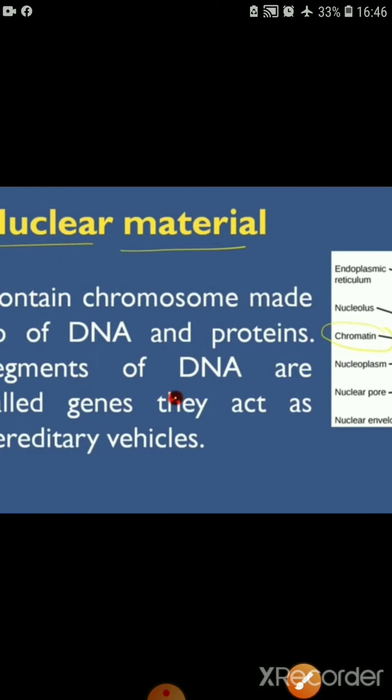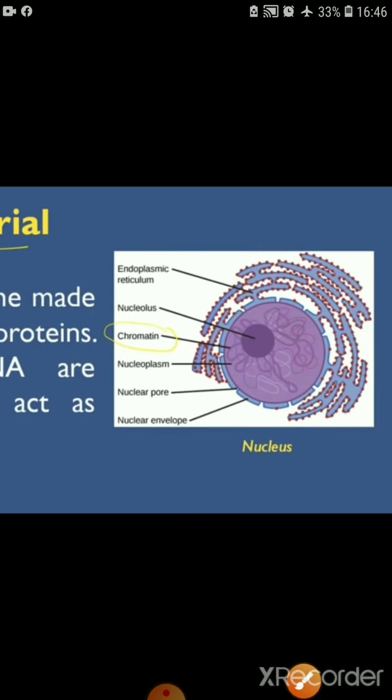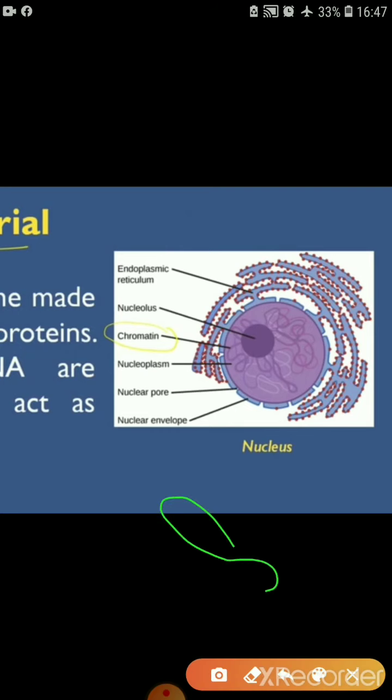chromosomes. Fine. So initially it is called chromatin when it looks like a thread-like structure. Later on it turns into chromosomes, which look like a ribbon-like structure.